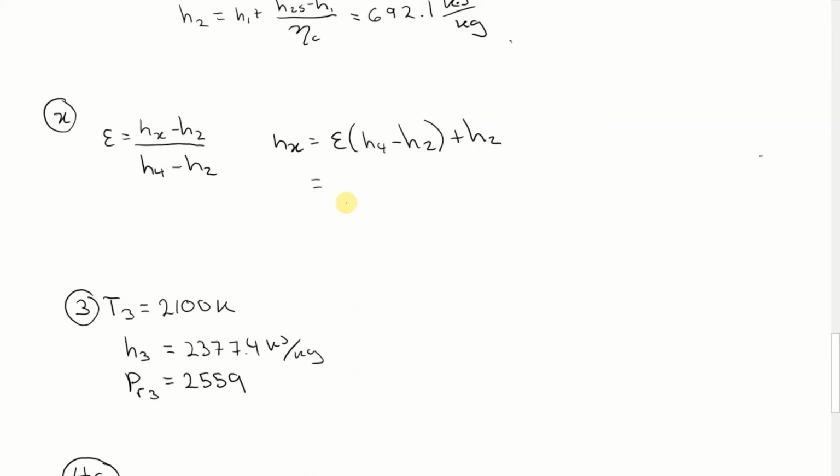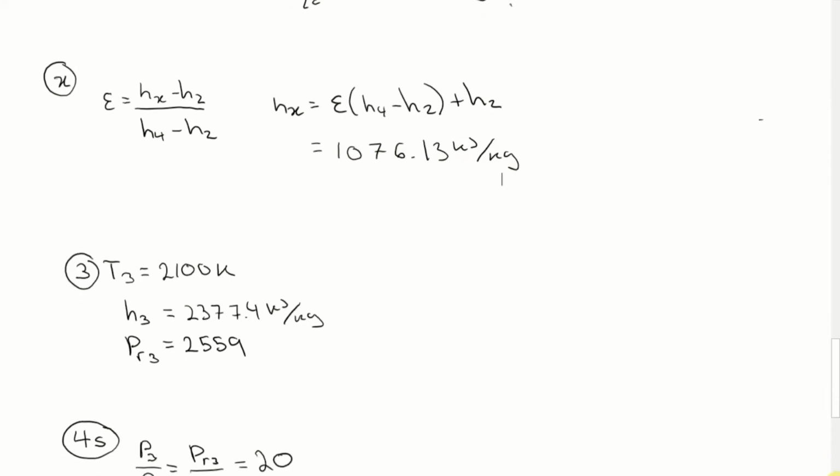So this will give us an hx of 1076.13 kilojoules per kilogram.